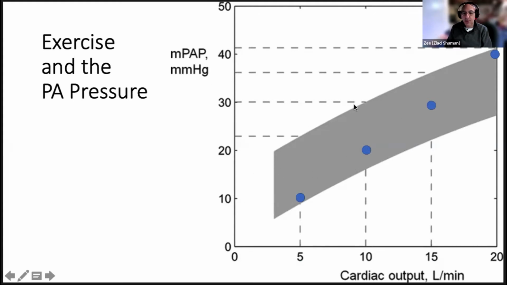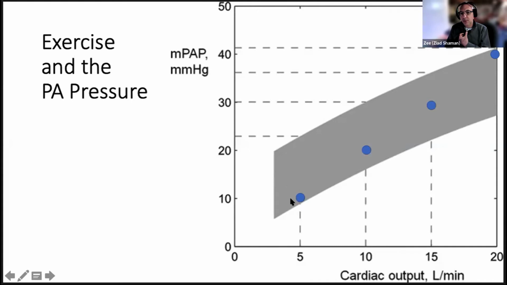and the gray area is what has really been measured in healthy volunteers who are exercised while they have a pulmonary artery catheter in place. So if you start here, you're probably going to follow a curve that's within the gray zone. And if you start up here at about 20, you're going to follow a curve in this gray zone.